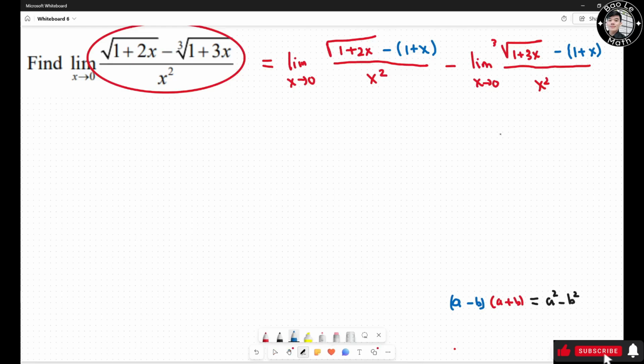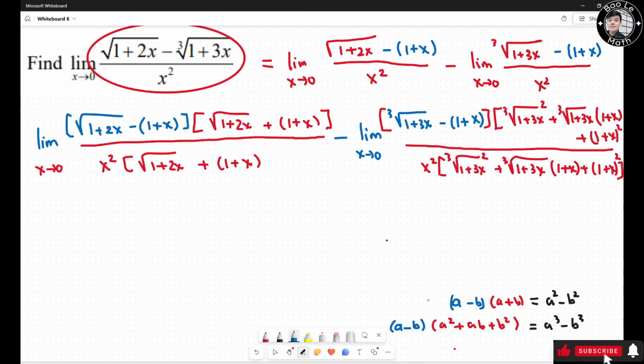Now for this one right here, I have a minus b, so I need to multiply by a squared plus ab plus b squared to get a cubed minus b cubed. So this turns out to be... Now I'm going to use the difference of two squares formula for the first one and the difference of two cubes for the second one.